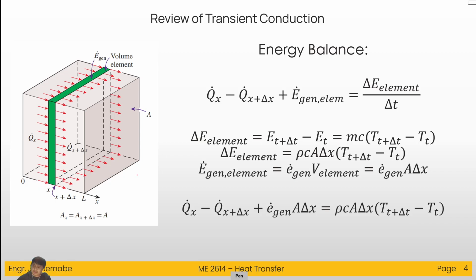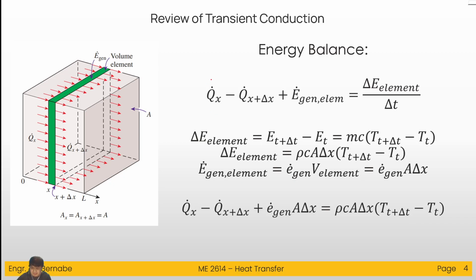So if we utilize the energy balance, as we can see, as heat goes from left to right, you have Q sub x flowing to the right, into this control volume. You can think of the control volume as an infinitesimal, or a very small volume.